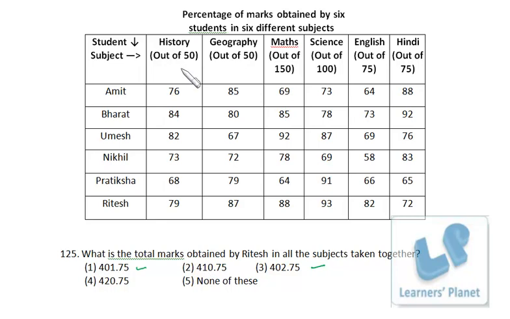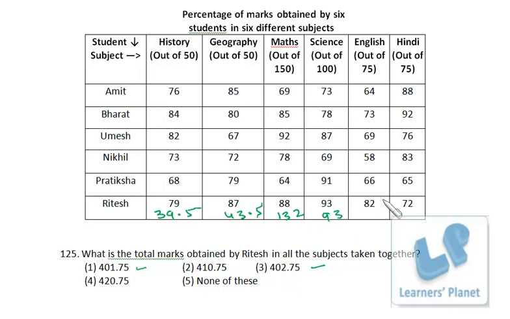So 79% of 50, or we can say half of 79, that is 39.5 marks in history. Okay, then this will be 43.5. Then this will be 88 plus 44, 132. Then this is 93.